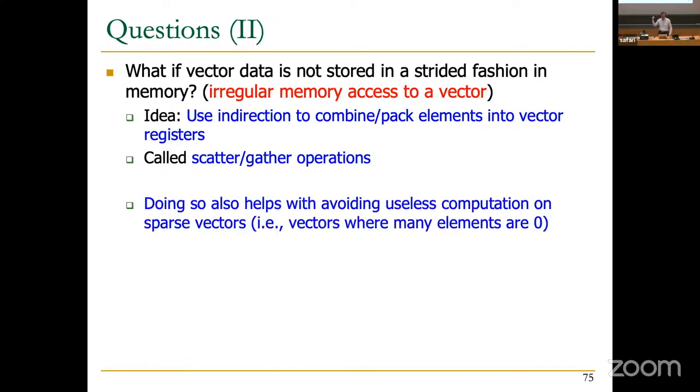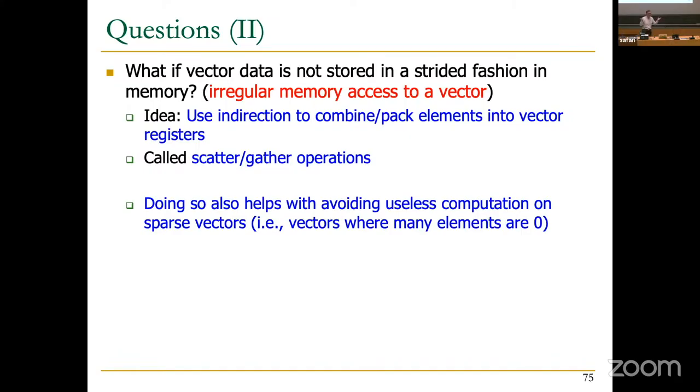Basically, yeah, this says that. Doing this also helps with avoiding useless computation on sparse vectors. Basically, if you have a vector with 1 billion elements, only 3 of them are non-zero. It doesn't make sense to go through all 1 billion elements and do operations on 1 billion elements, right? Assuming that 0 doesn't contribute to your computation, which is not the case in most cases.